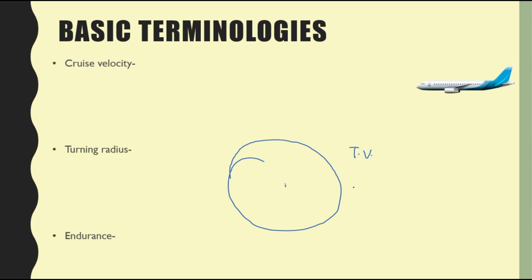This is my aircraft, and it is flying. If it forms a circle, then the radius of its turn is the turning radius. This is how we define the turning radius. It is a very rarely used term during the design of RC aircraft.